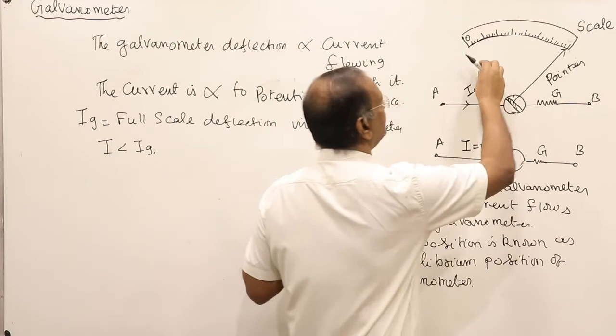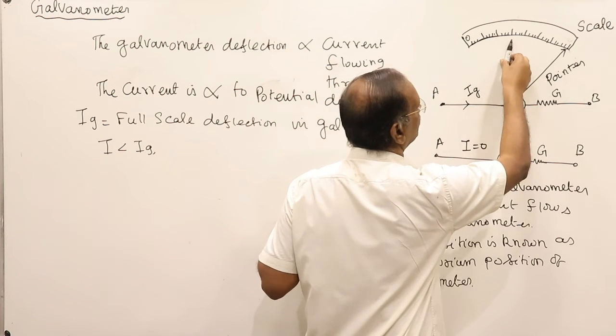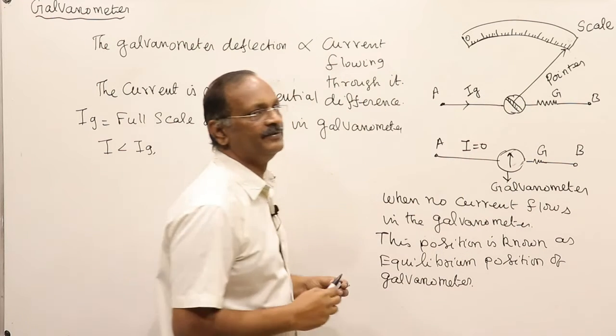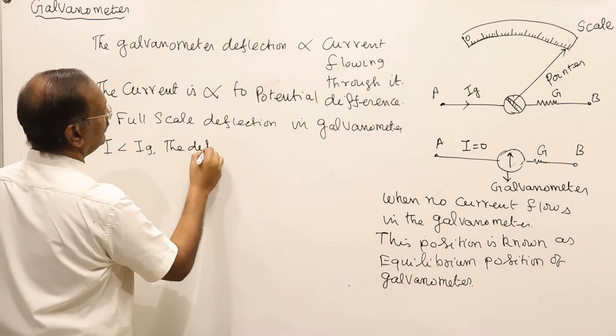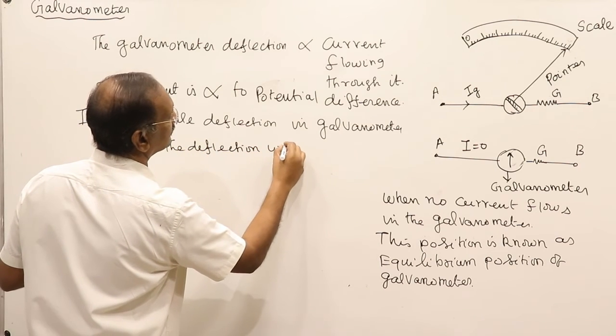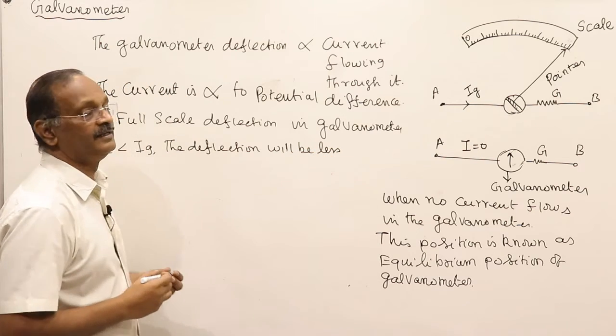If I is less than Ig, it will show deflection, but it will not show full deflection. It will show deflection proportional to the current. The deflection will be less than the full scale deflection.